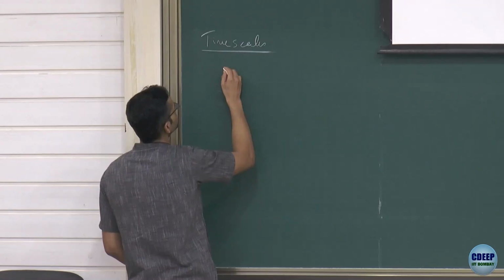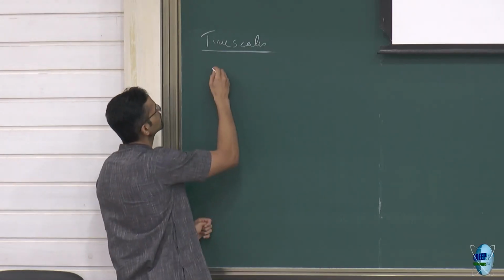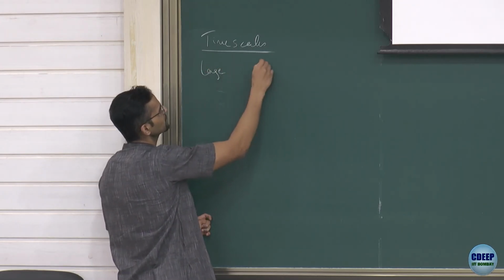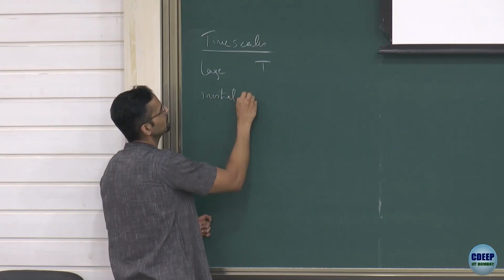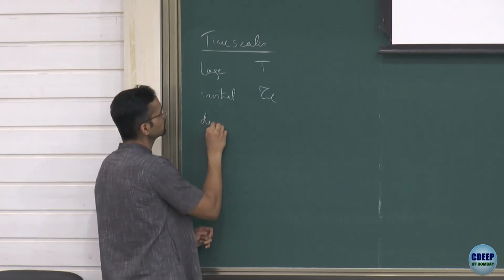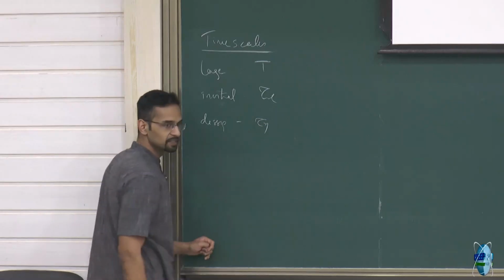Okay, so again, we have capital T as the large time scale. In the inertial range, we will have tau L, and then in the dissipation range, we'll have tau eta.